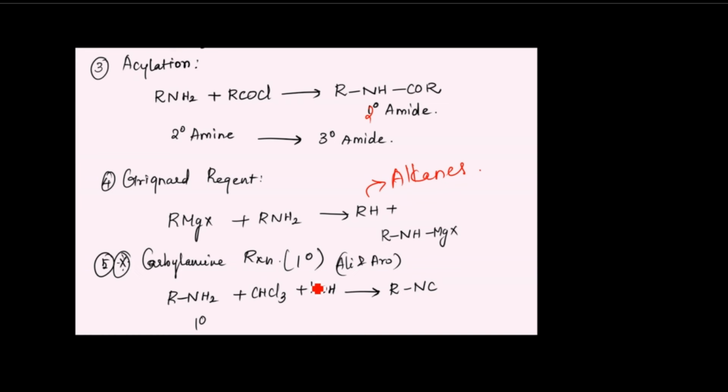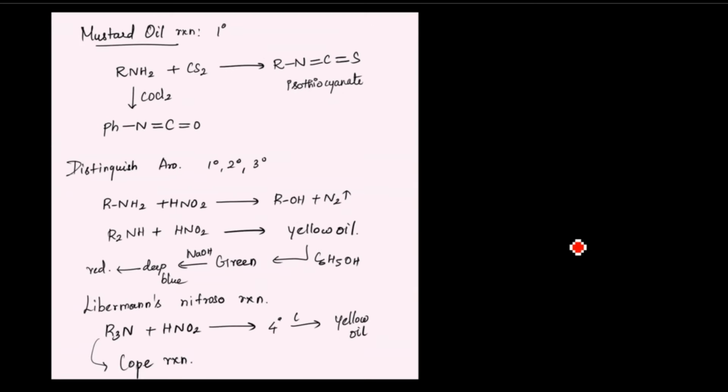Then the carbylamine reaction, which is equally important, with chloroform and KOH, it will give you isocyanide. Mustard oil reaction with CS2, this is forming isothiocyanate, RNCS. So remember the formula, guys, which is important. Then, as I told you, distinguishing aromatic and primary, secondary and tertiary.